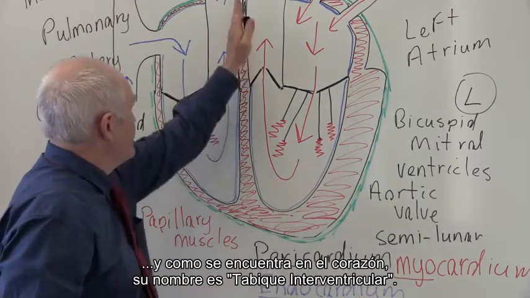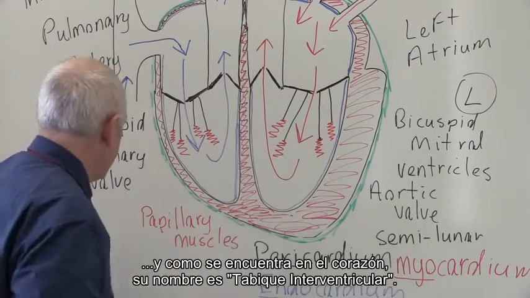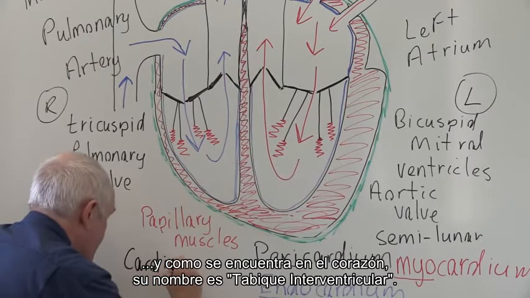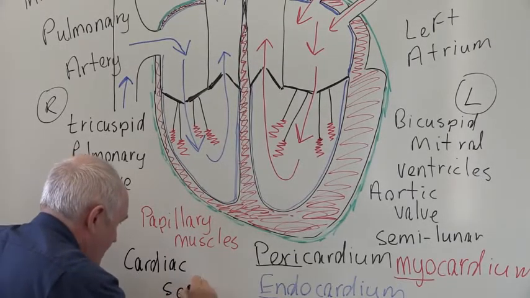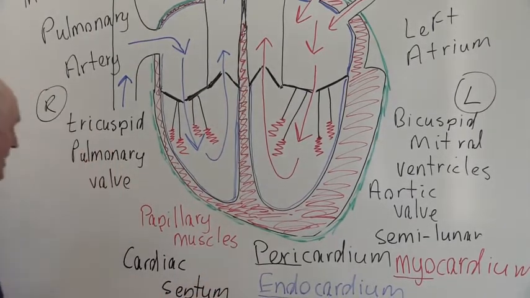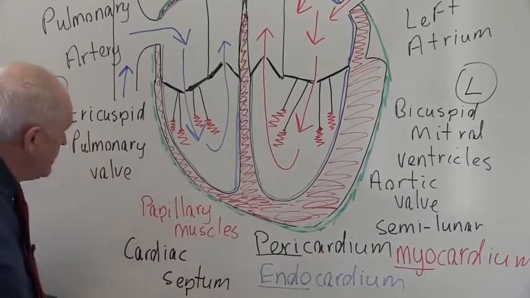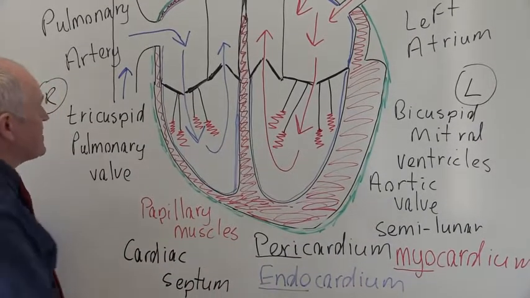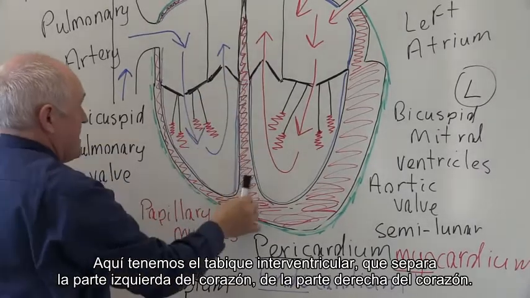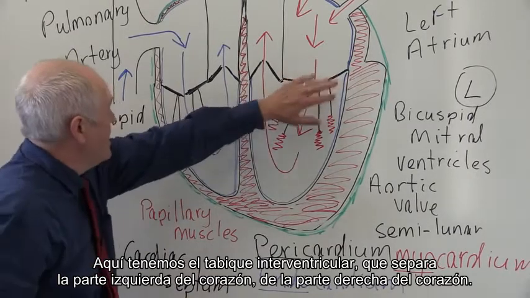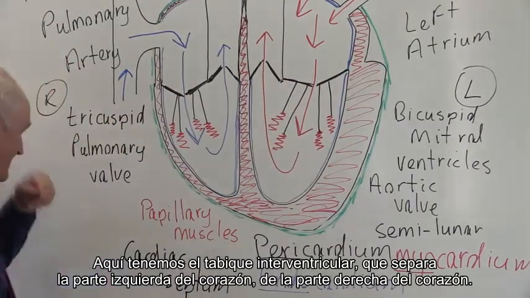So that structure in the middle there is the cardiac septum. Cardiac because it's heart, septum because it's a tissue that divides. So here we have the cardiac septum, separating the left heart from the right heart.